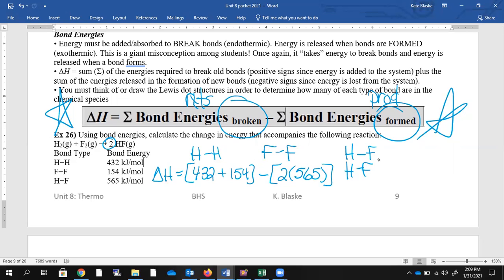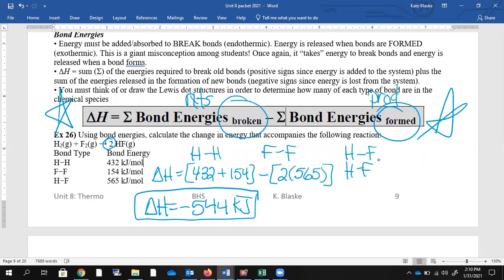Just like when we were doing Hess's law, we still have to multiply by however many bonds we have. We still need to be very careful of signs. So 432 plus 154 minus 2 times that 565 gives me an overall answer of negative 544 kilojoules.